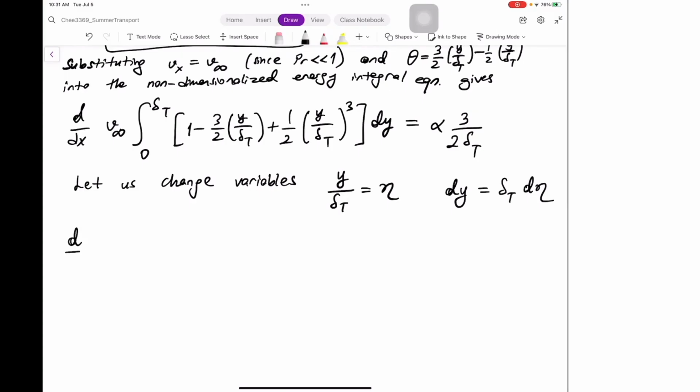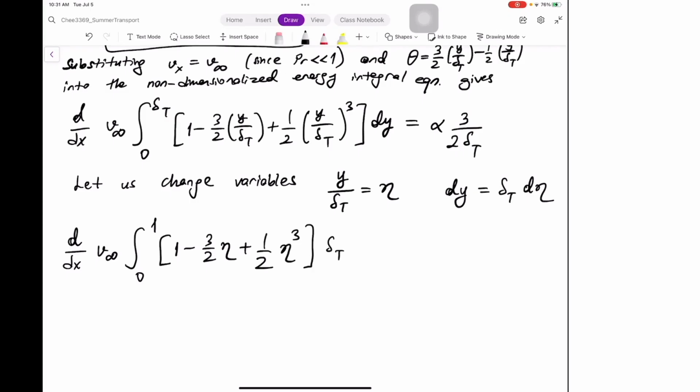Right, so let's plug them in. You get d over dx of V infinity, integral from 0 to 1, because y goes from 0 to delta t, and thus when y is equal to delta t, eta becomes 1, of 1 minus 3 over 2 eta plus 1/2 eta cubed, times delta t d eta, on the left hand side, equal to, on the right hand side, alpha times 3 over 2 delta t.